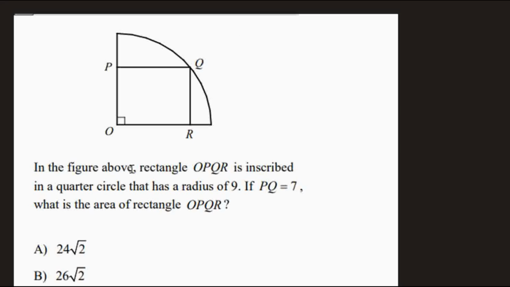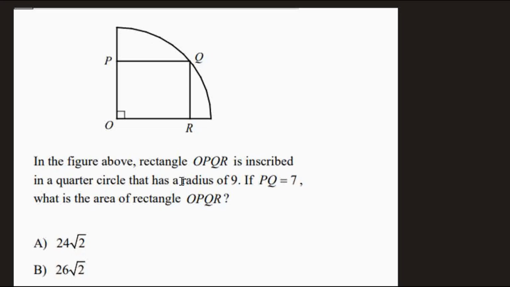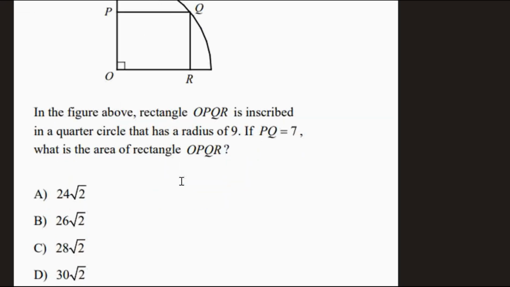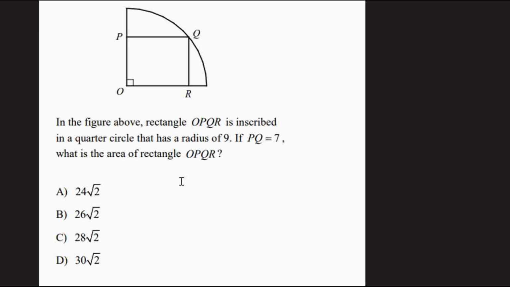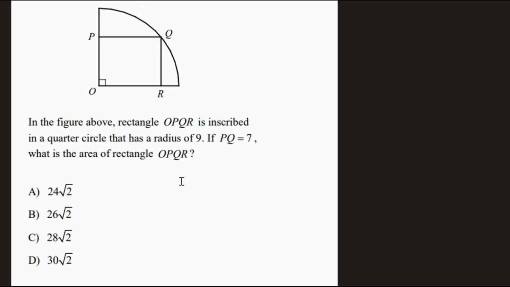In the figure above, rectangle OPQR is inscribed in a quarter circle that has a radius of 9. And if PQ equals 7, what is the area of rectangle OPQR? So this is a multiple choice question.